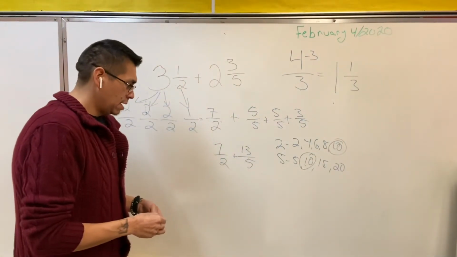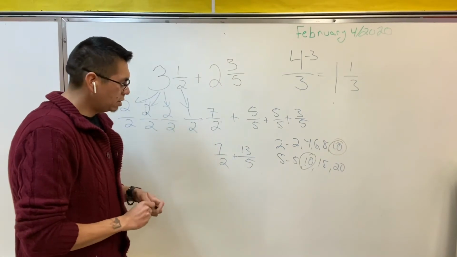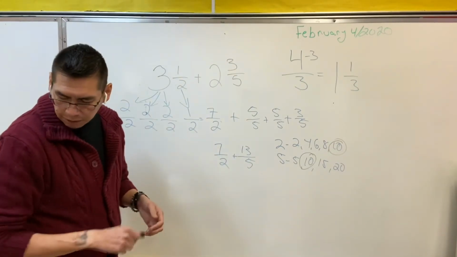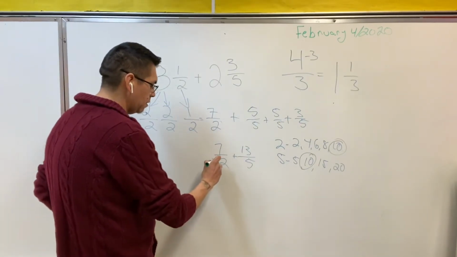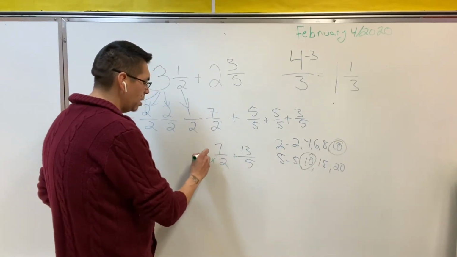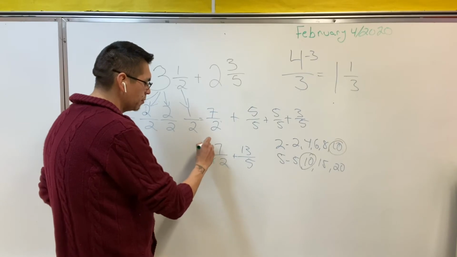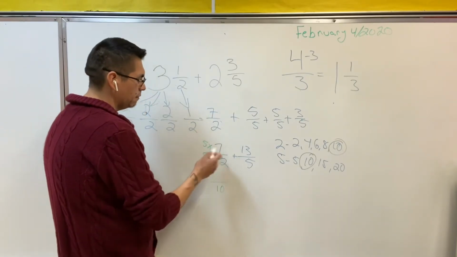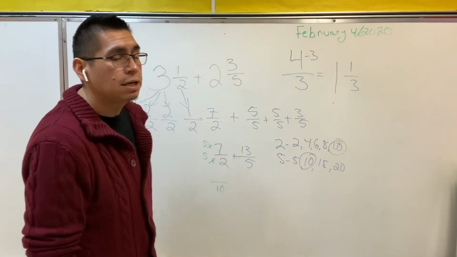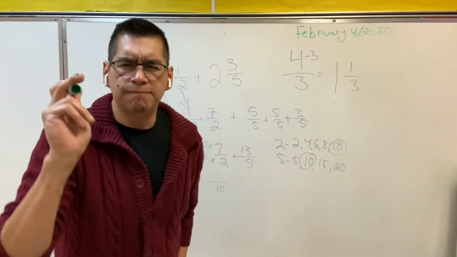Great. So how do we change 2? What number do we multiply 2 by to get 10? Well, we multiply this by 5. And what we do to the bottom, we also do to the top. So the denominator becomes 10. 5 times 7 is 40.